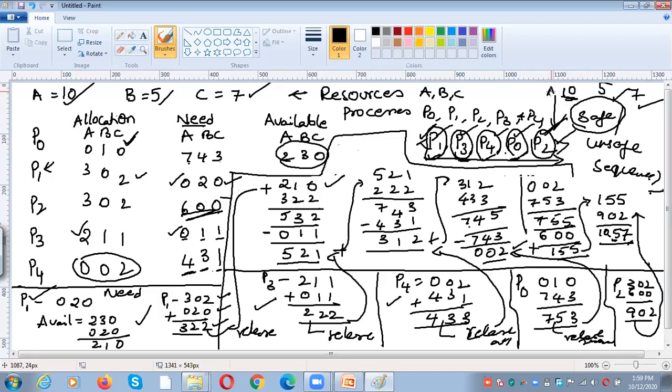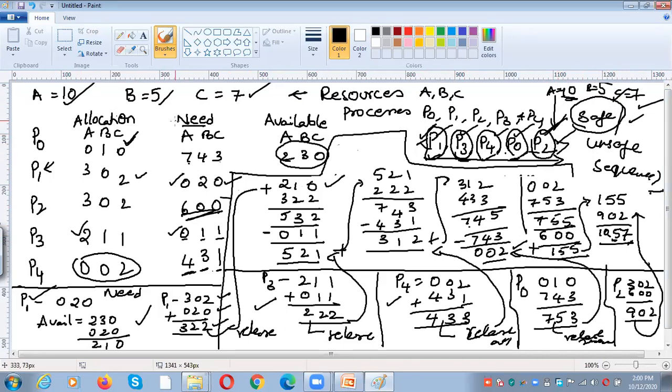So we need to have total resources A 10, B 5, and C 7. So the answer is correct and it is a safe sequence, because we are able to provide resources to every process. Okay, that is about Banker's algorithm.